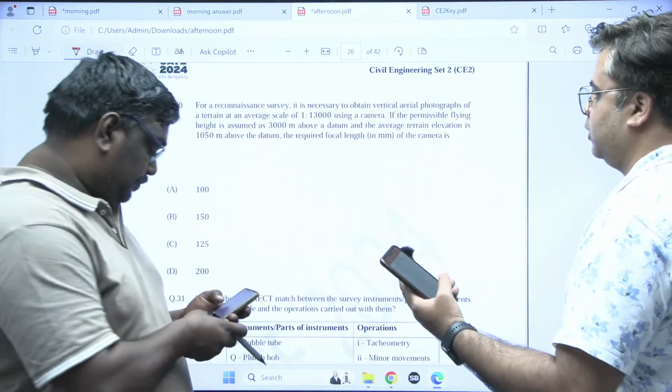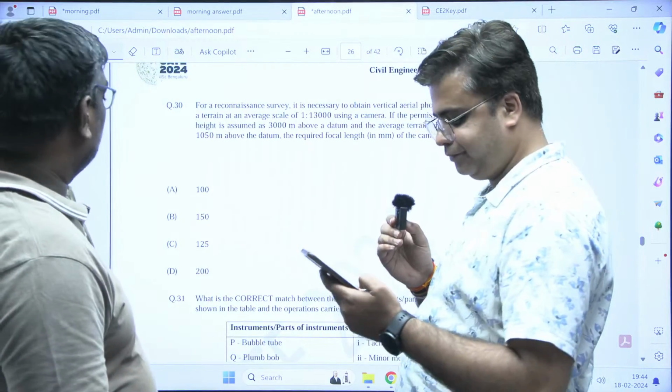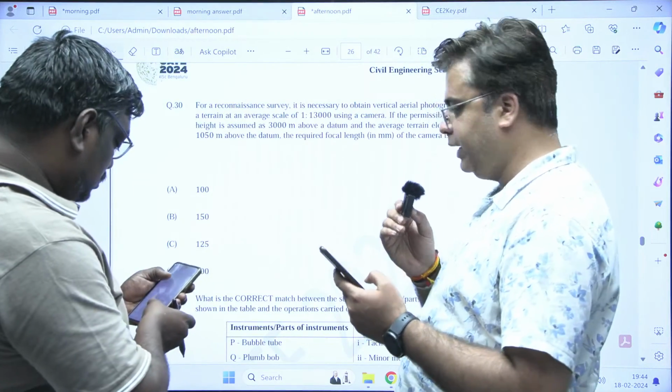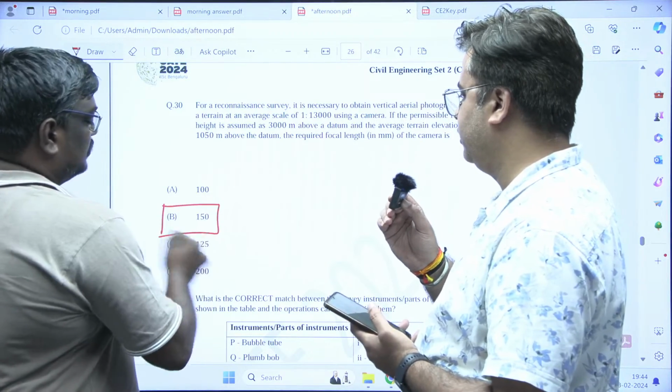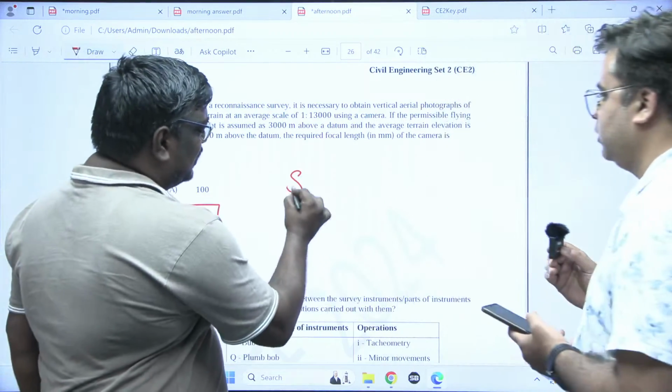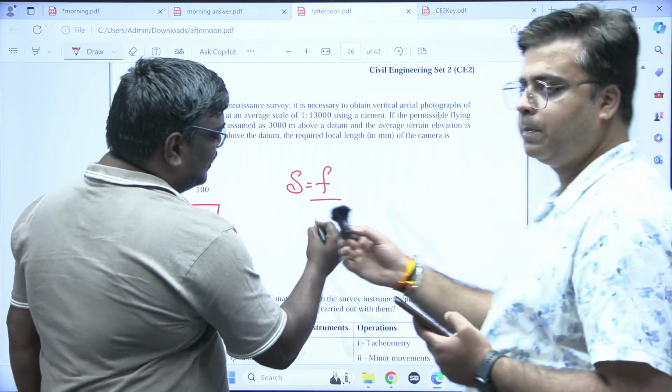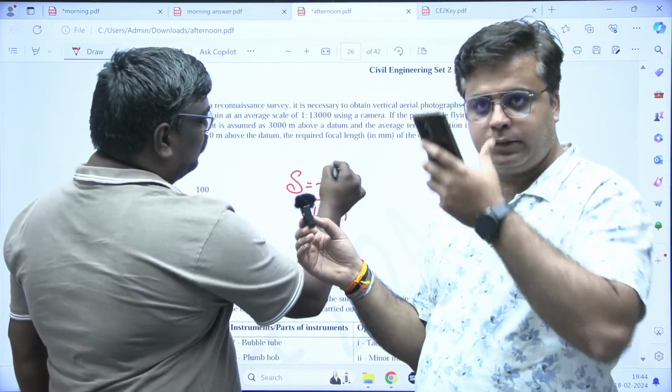This is question 30. I think option B is correct for this one. See students, this is nothing but scale equal to F upon H minus h, and they are asking for the focal length.